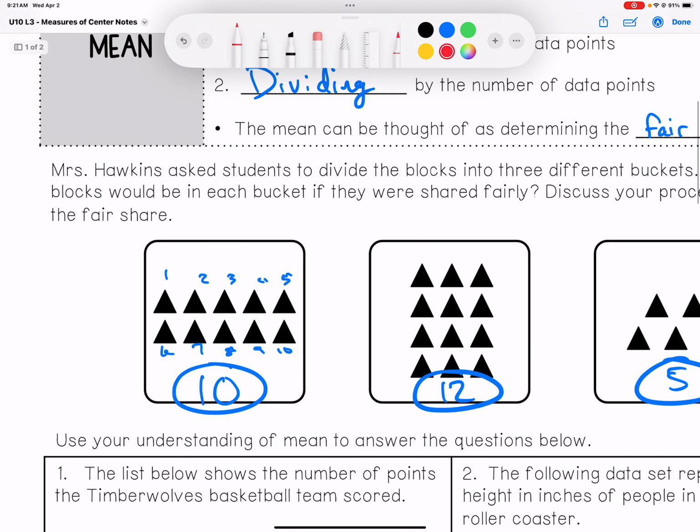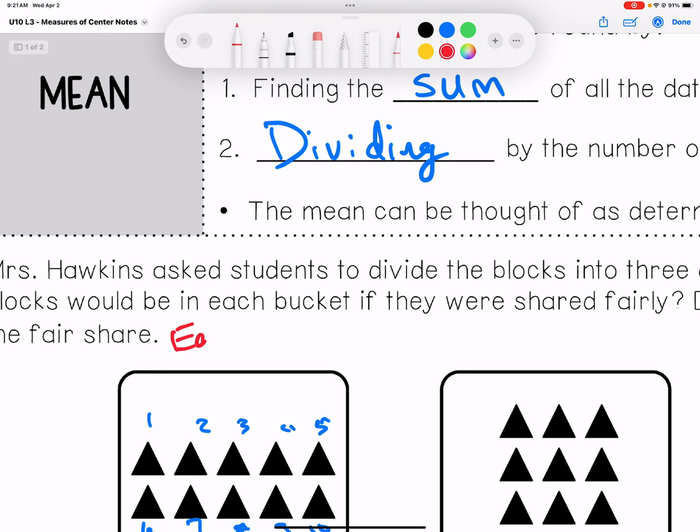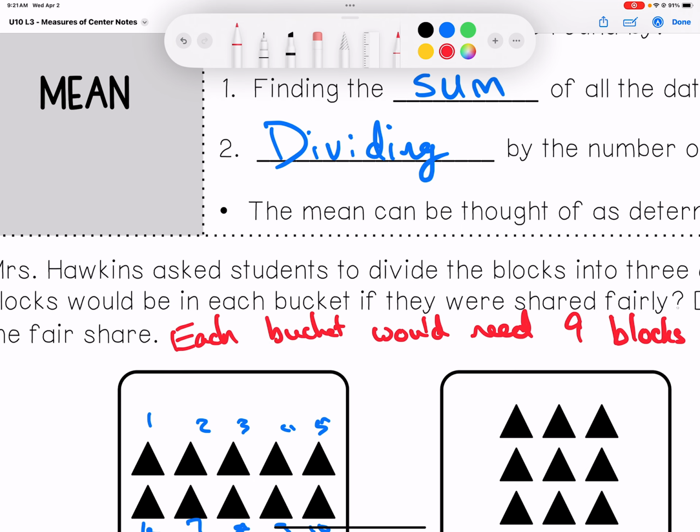So to divide it fairly, each bucket would need 9 blocks in order to be shared fairly. Because we like to be fair.